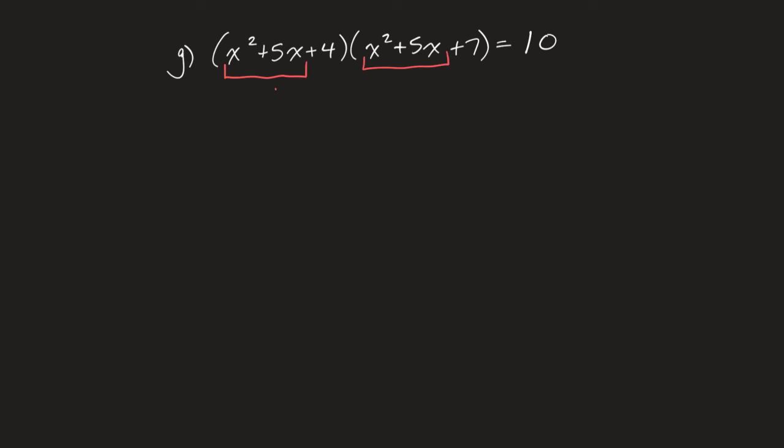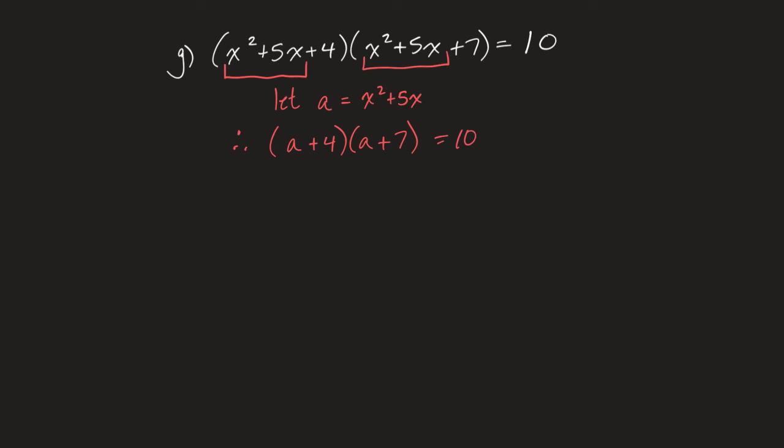So maybe we use a little substitution to say, I'm going to let something else, a, b, whatever, as long as it's not an x, equal x squared plus 5x, because now I could substitute in, and I could get something like that in red.